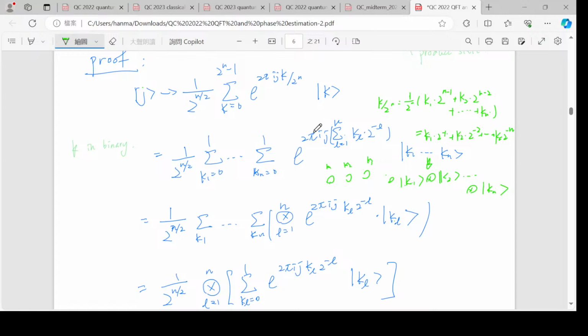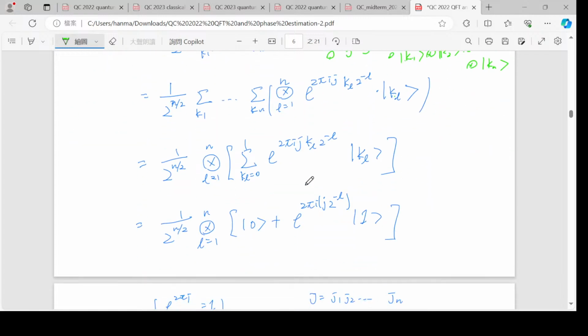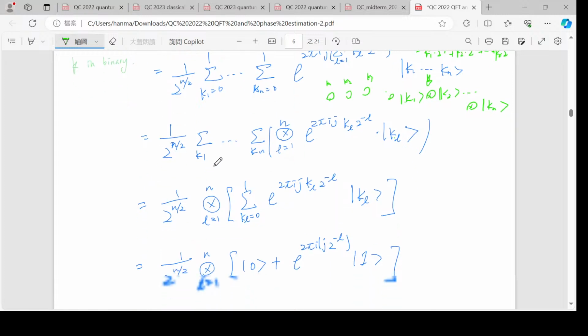Okay, and so now we see we are in a product qubit form. Now we have a product over every qubit, each with some vector here. Okay, and so the next thing we do is we can put the summation inside this tensor product.